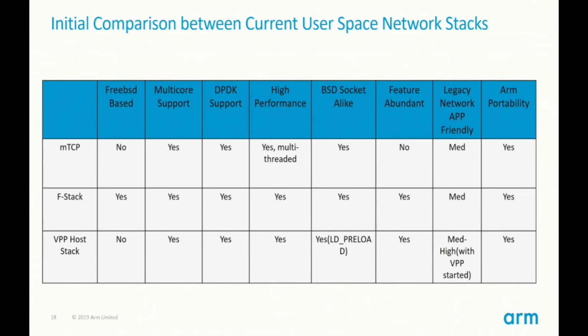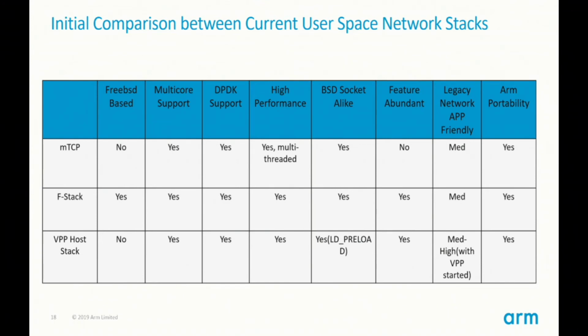I think all three stacks have very good performance, but they each have different restrictions. For VPP Hoststack, it can only be used with VPP. If we don't have VPP, we don't have the VPP Hoststack. For Fstack, we now have to modify the legacy network applications to use the Fstack socket API.